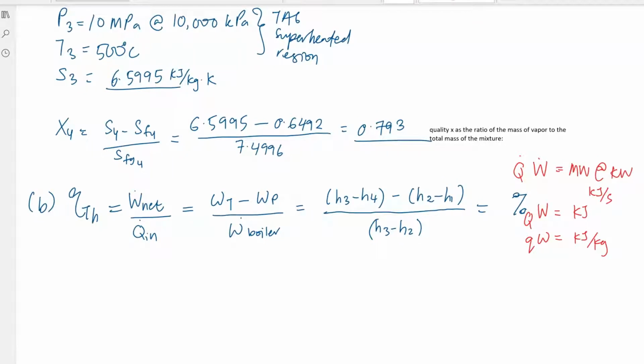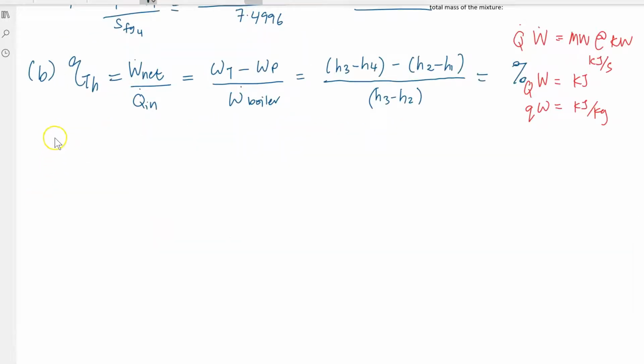Alright, so let's move to solving this thermal efficiency. As you can see, you will need all these values and all the states involved. So you will need H3, H4, H2, and also your H1.